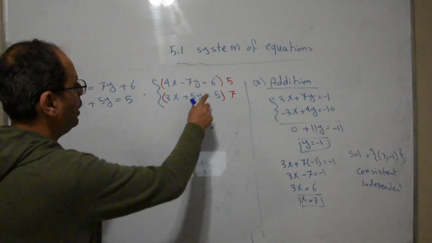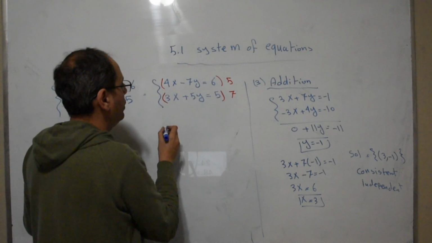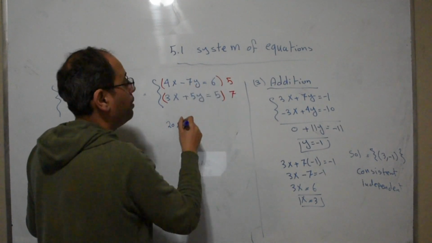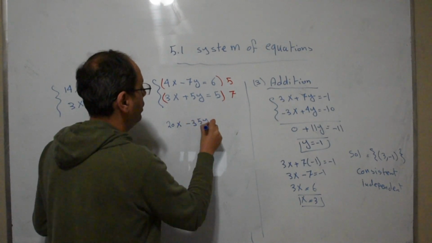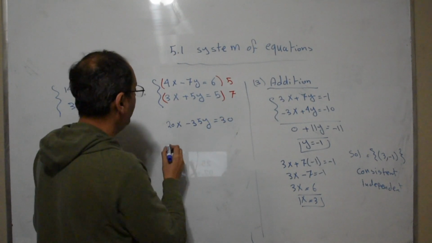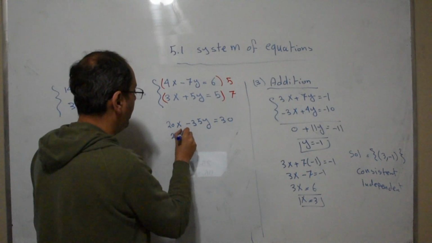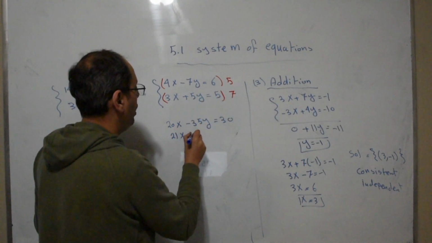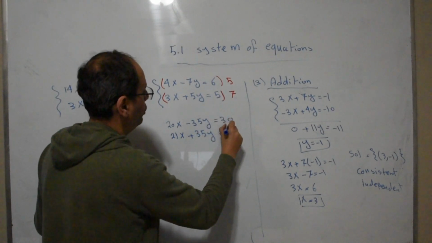So let's do that. I have to multiply 5 by each term here. So 5 times 4x is 20x, and 5 times negative 7 is negative 35y, equals 5 times 6 is 30. Then the second equation, 7 times 3 is 21x, 7 times 5y is plus 35y, equals 7 times 5 is 35.